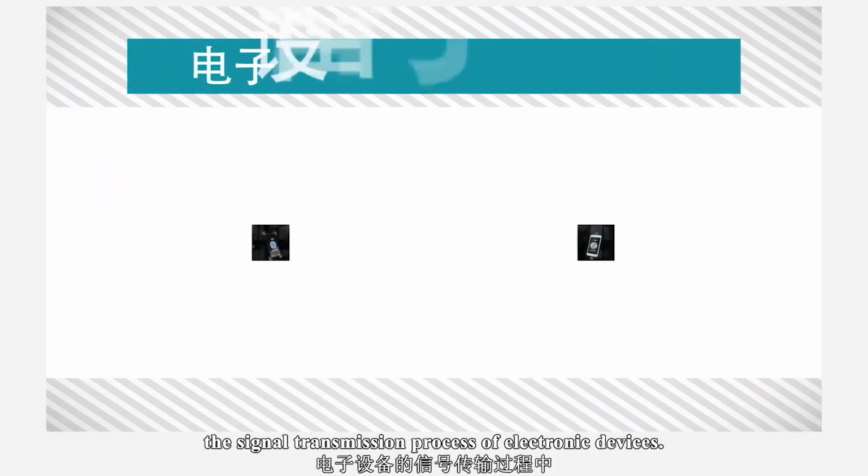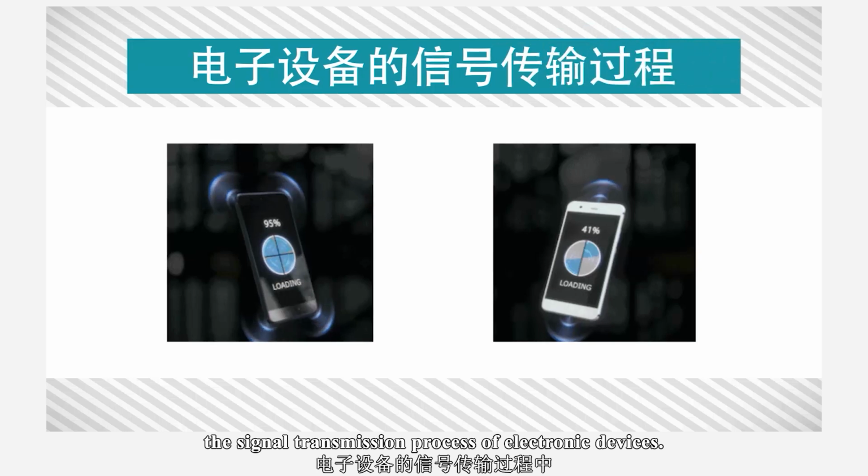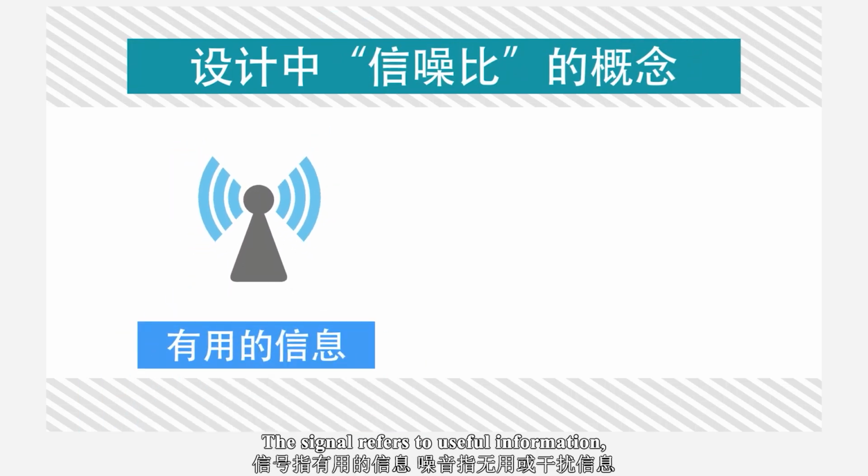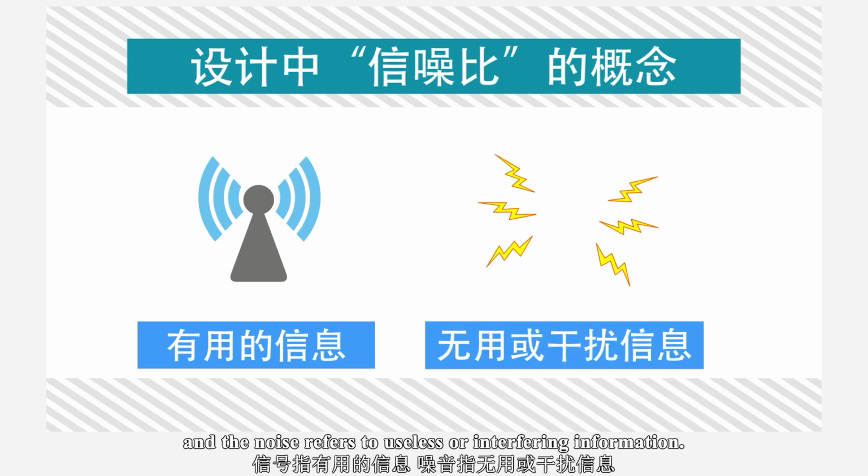This concept was originally generated in the signal transmission process of electronic devices. Similarly, there is also the concept of the signal-to-noise ratio in design. The signal refers to useful information, and the noise refers to useless or interfering information.